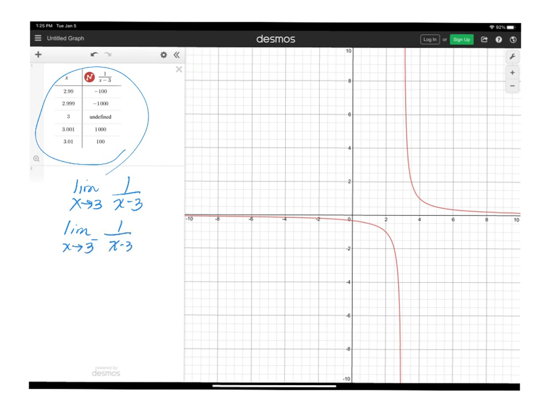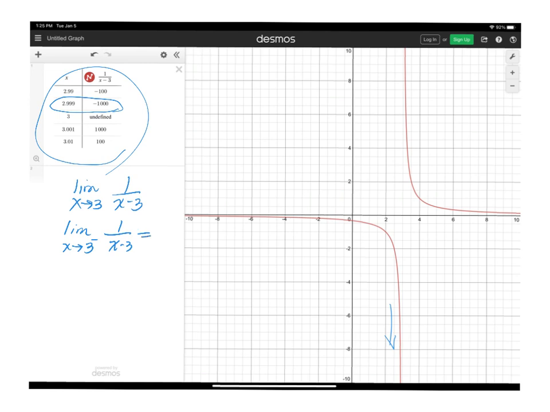As you're coming from the left side, the graph goes off to negative infinity, and you can see it here as well. The closer we get to 3, at 2.999, we already have negative 1,000, and as we get closer and closer to 3, that number is going to get larger and larger.